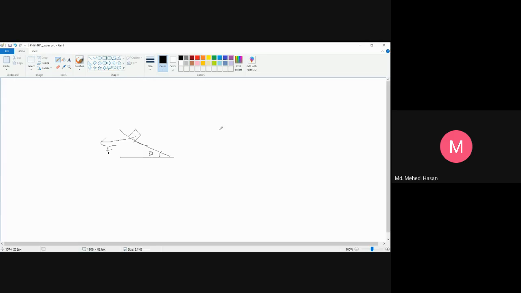In that case, the first question will be: draw the free body diagram. The second question will be: find the acceleration. And the third question will be: find the normal reaction force.